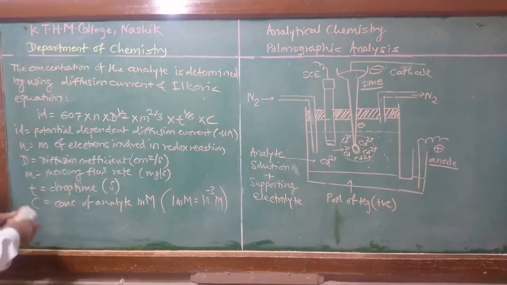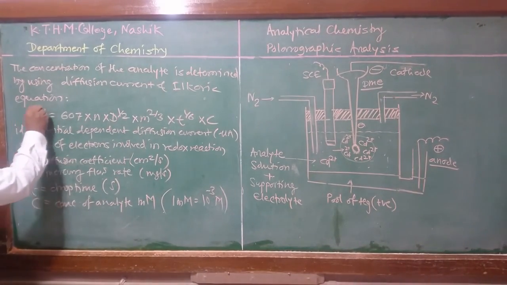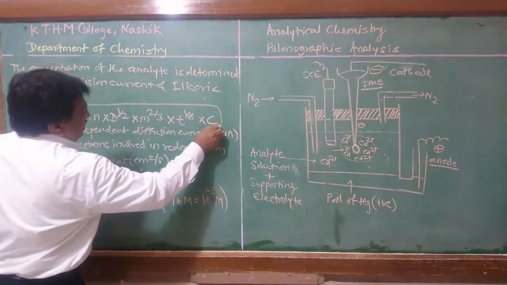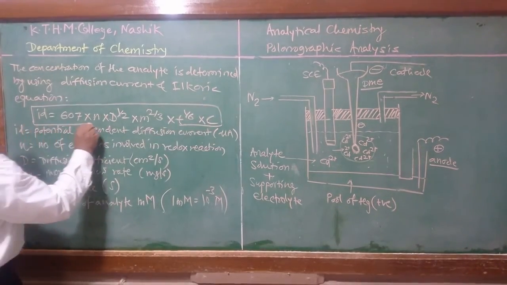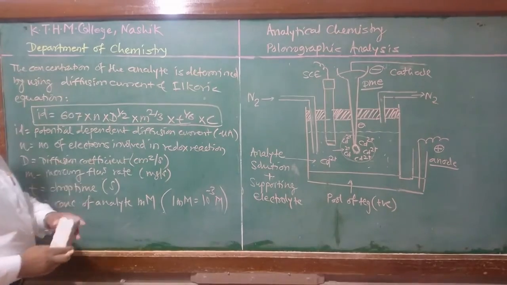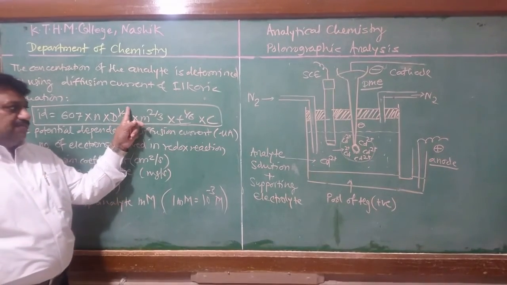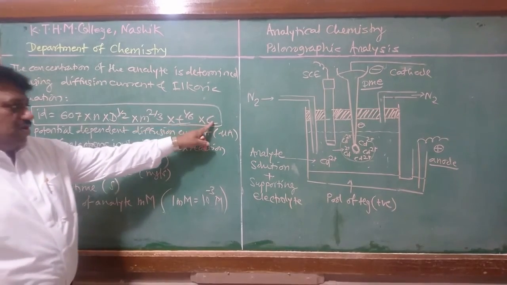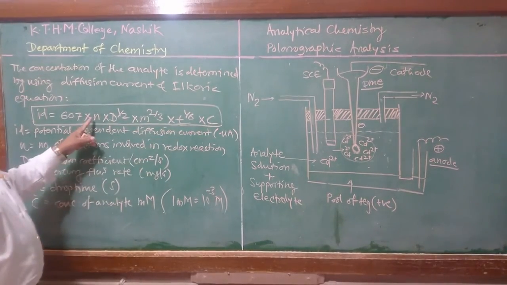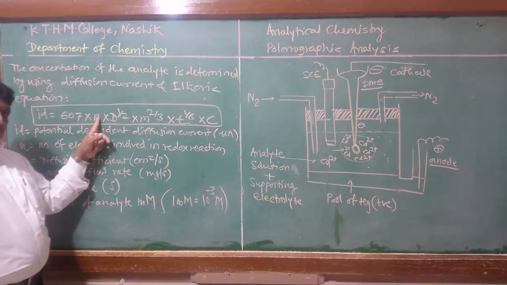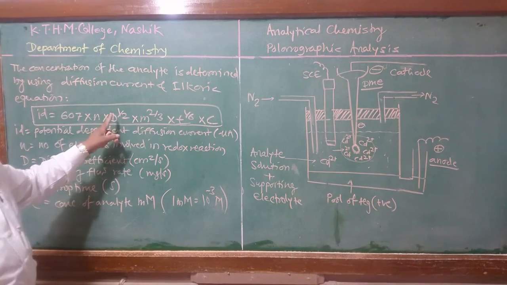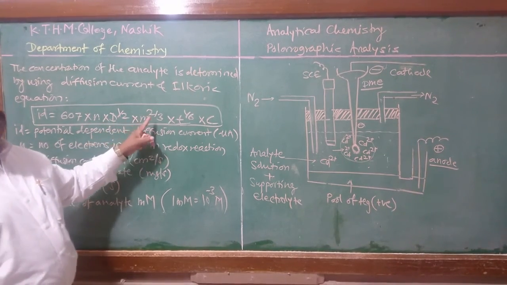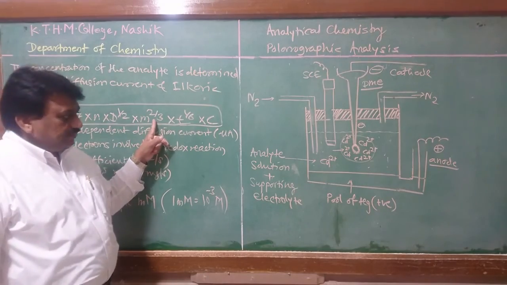Now, in this way, the concentration of the analyte is determined by using this equation, and we have to solve different problems based on this equation for determination of concentration of analyte, or for determination of number of electrons involved in redox reaction, or diffusion coefficient, or mercury flow rate.